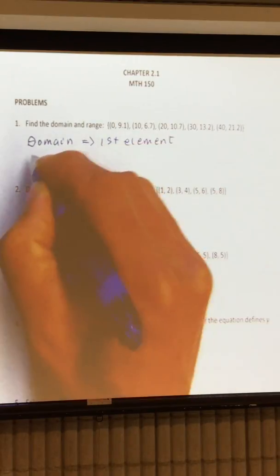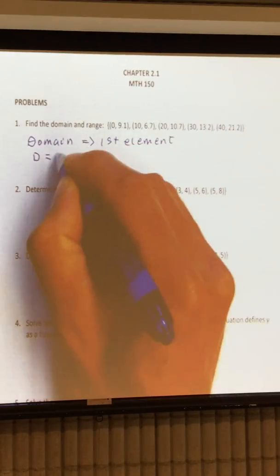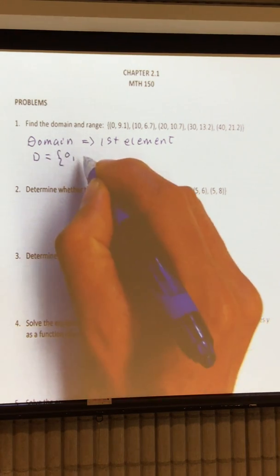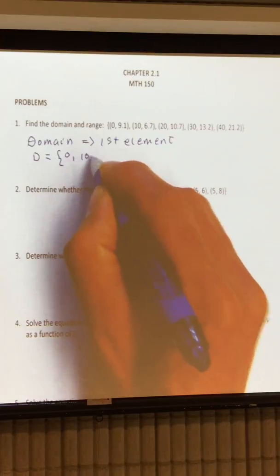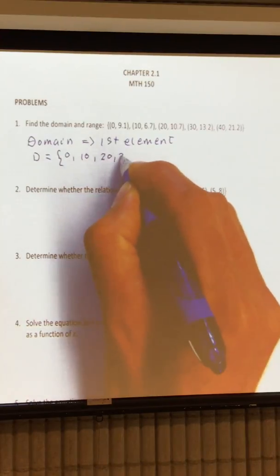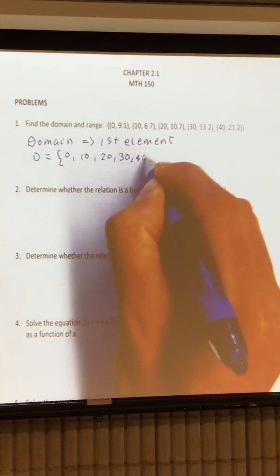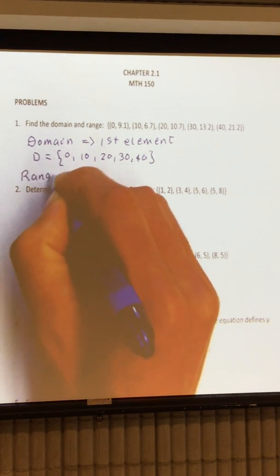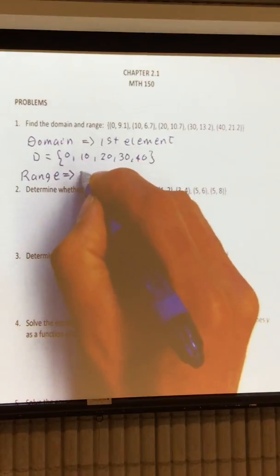So we can symbolize the domain by the letter D, and in set notation we can write the first element of each ordered pair to be 0 and 10 and 20 and 30 and 40. The range is the second element in each ordered pair.